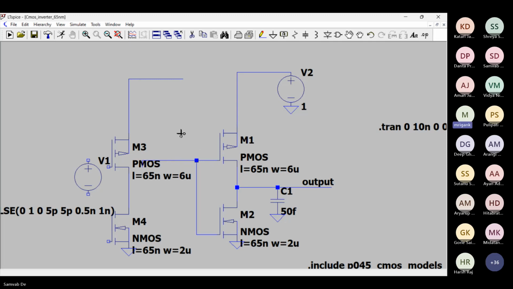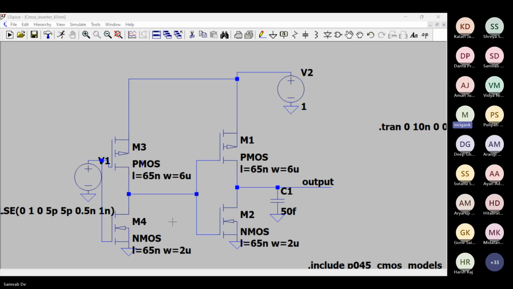No, that will be connected to the output of the first inverter. Is this all right, sir?